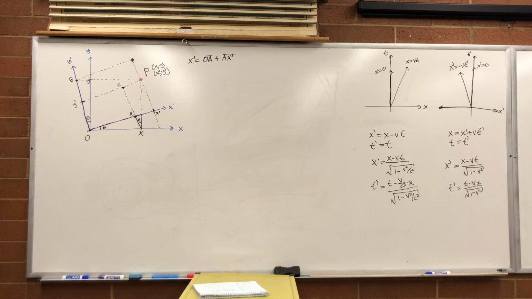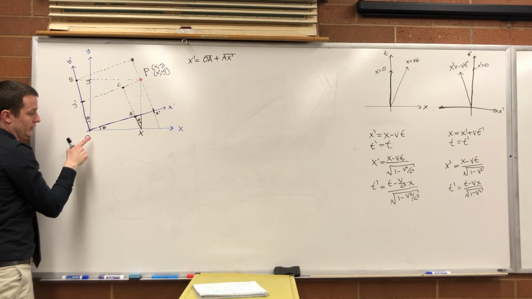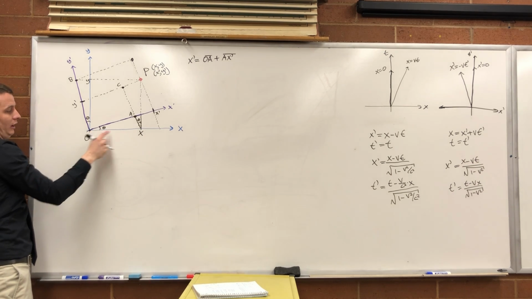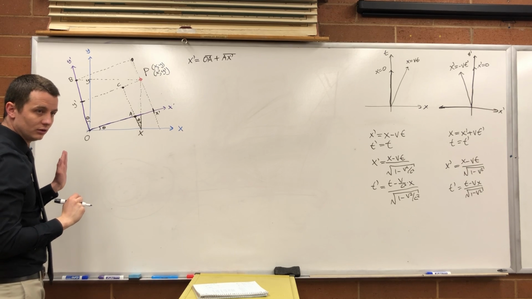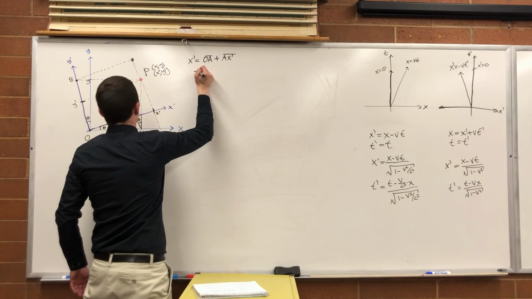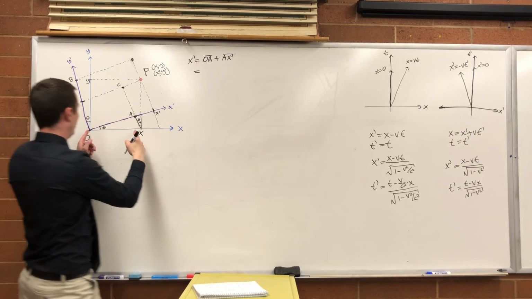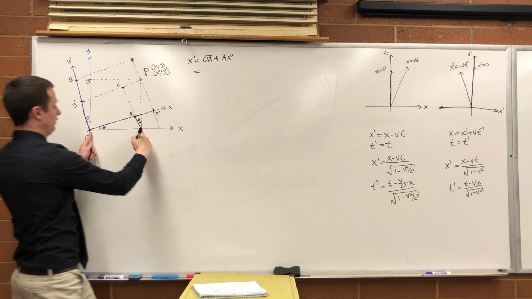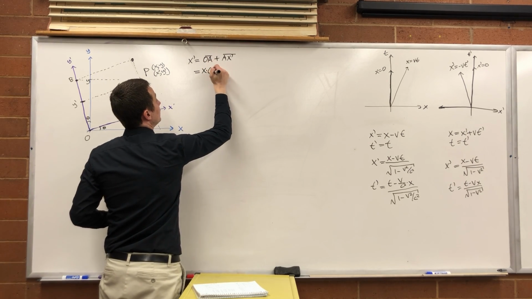So O to A, that one's easy, because that is just the cosine of O to x, which has distance x. The hypotenuse of our triangle has distance x, so it's going to be x times cosine theta.